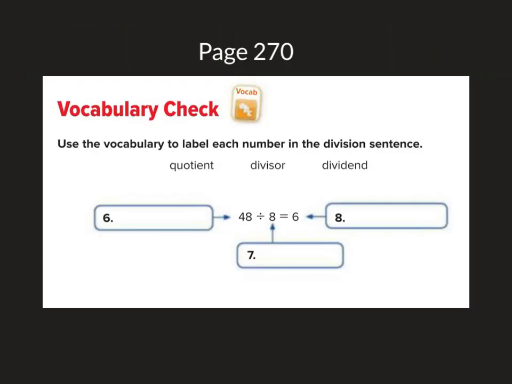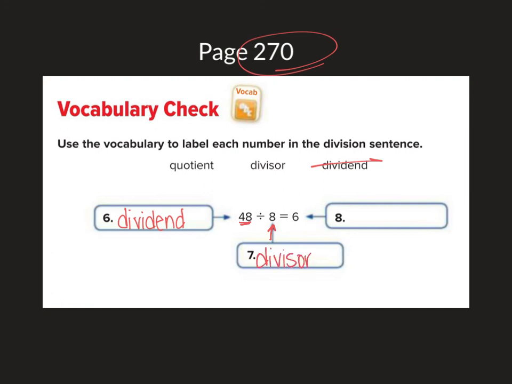Want to do a quick vocabulary check. First, 48, this is on page 270. 48 is the first number and the biggest number in the division sentence, and that's called the dividend. D-I-V-I-D-E-N-D. Dividend. The second number is called the divisor.